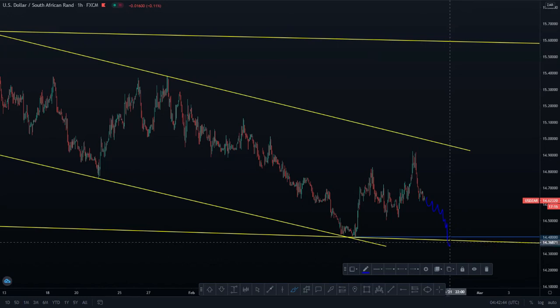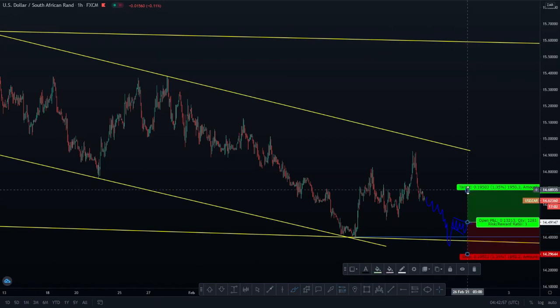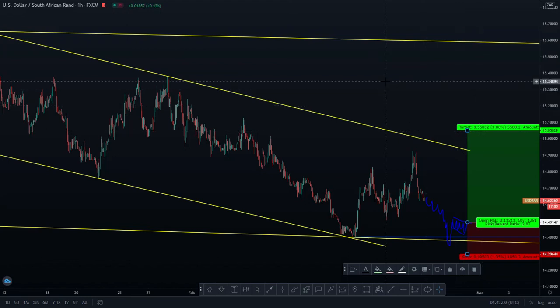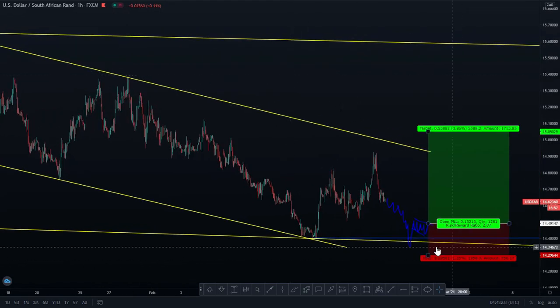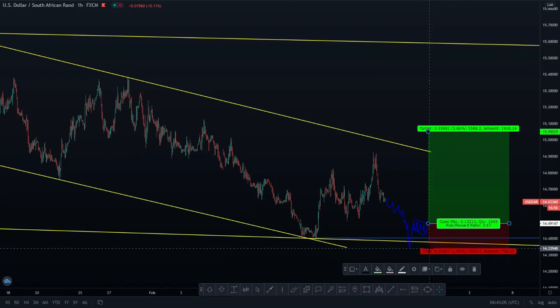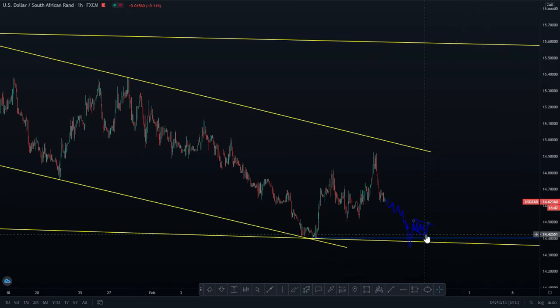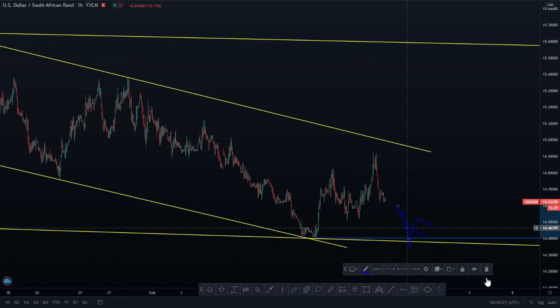Then if it catches people on the wrong side, then back in, we are happy to take this trade as a reduced risk entry to the upside like this. You see, so a very nice opportunity. Then stop loss just below this structure. This is the first position, the first way to take this dollar.